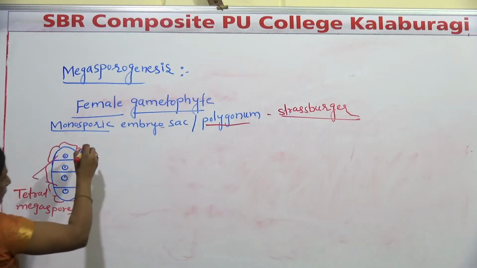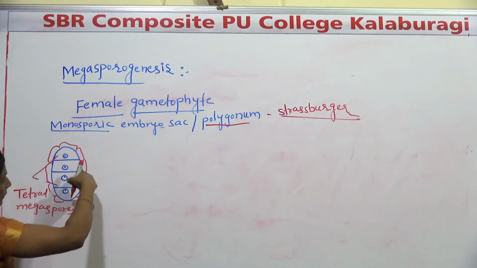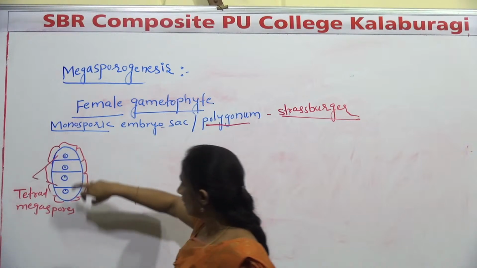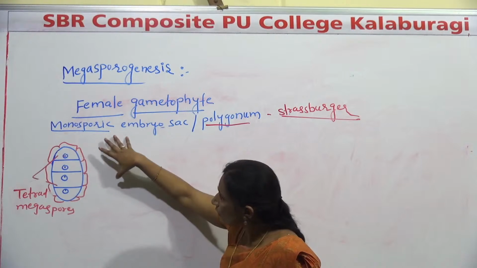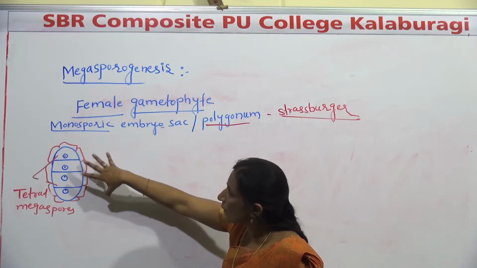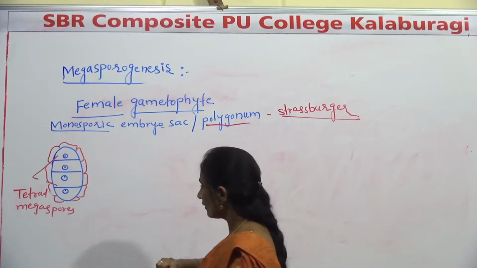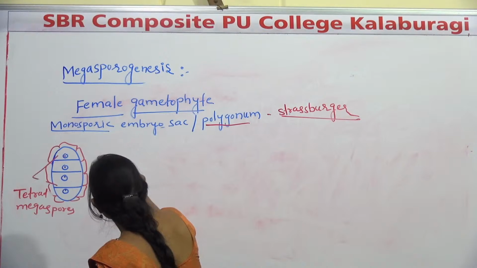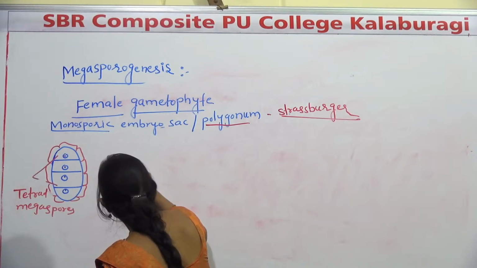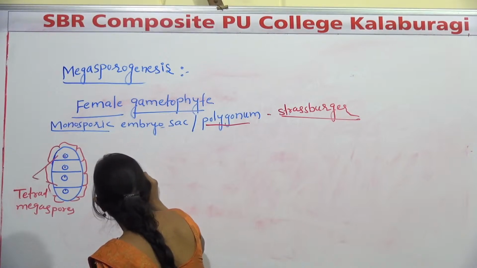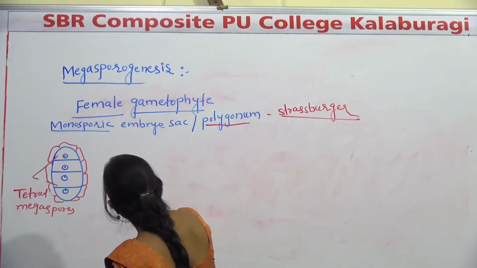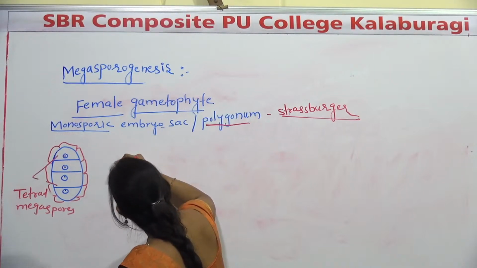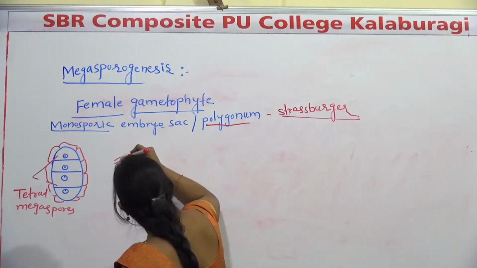Okay. So in monosporic, out of 4 megaspores, here you can see, 1, 2, 3, 4. Only 1 megaspore is functional. Remaining 3 megaspores degenerate.